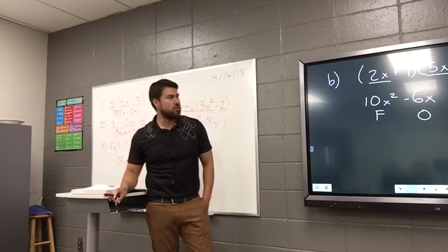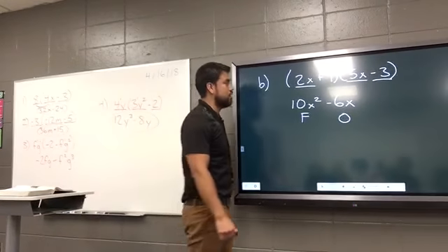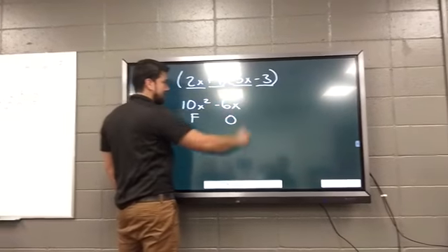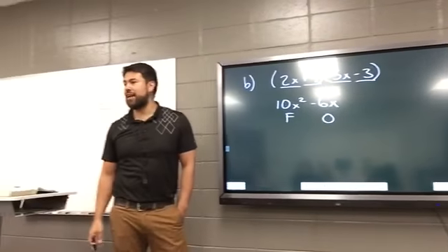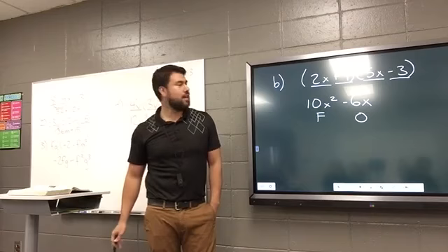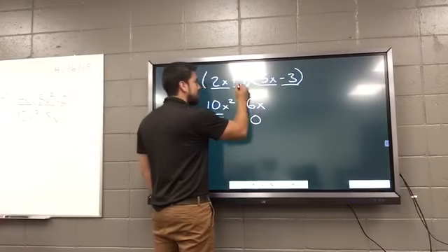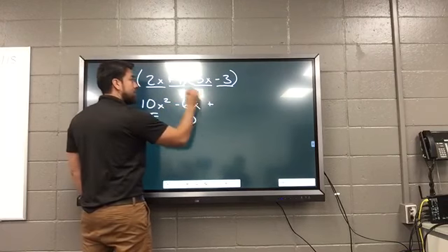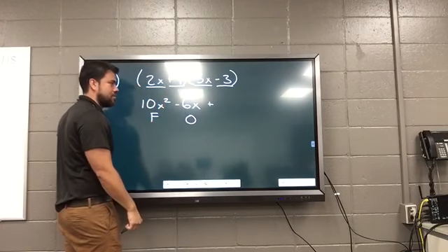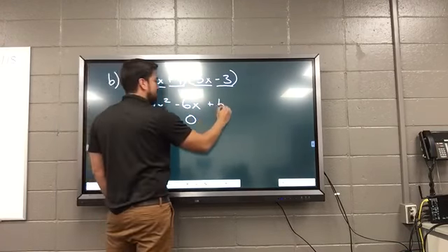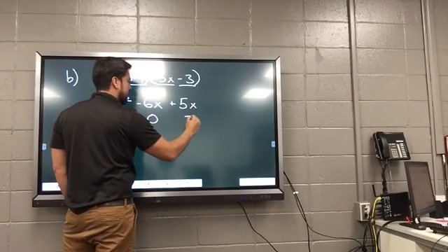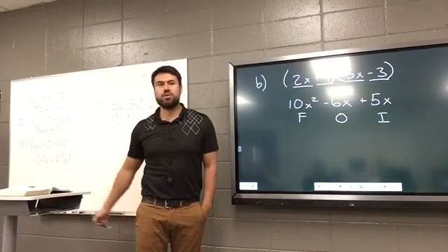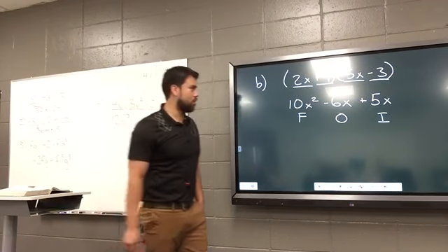Jack? 1 and positive 5x. What's 1 times 5x? Sydney? Positive 1 times 5x. Good. Positive 5x, and that was my set of inner terms. Last terms, Timothy, were or are?